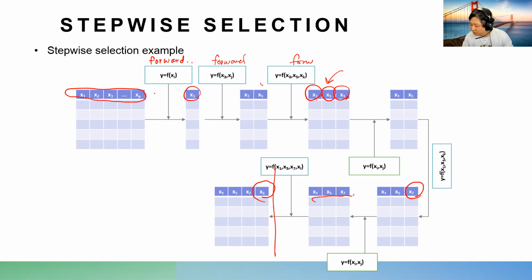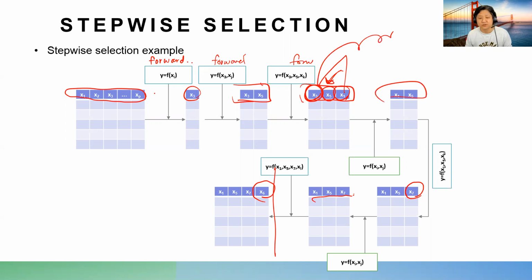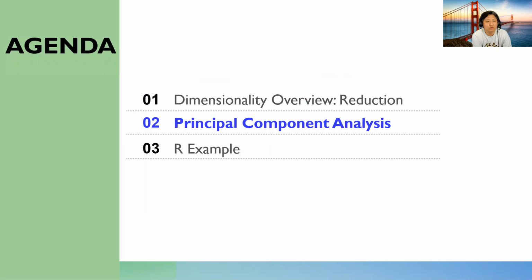But actually, X3 is important in this combination, but in this combination, X3 may not be important because of any unexpected interaction between X1 and X3, or X3 on X5. Okay, so X3 goes out. So this is the stepwise selection. Okay, so these are examples of variable selection approach. But our main focus is on feature, the variable extraction method.